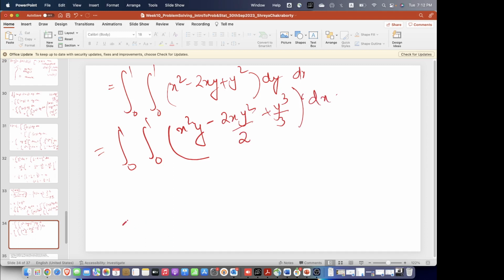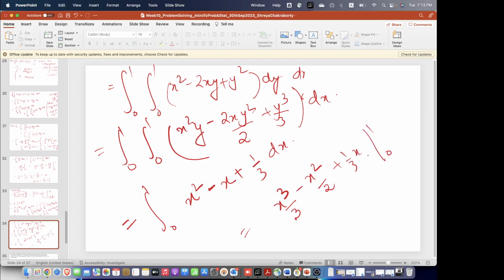Okay, so here we would have 0 to 1, and we will substitute for y, so we would have x square minus x plus 1 by 3 dx. So this would be x cube by 3 minus x square by 2 plus x by 3, from 0 to 1. So here we would have 1 by 3 minus 1 by 2 plus 1 by 3. So this would be 2 by 3 minus 1 by 2. That is how much?